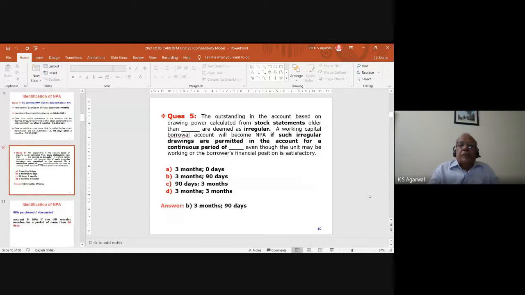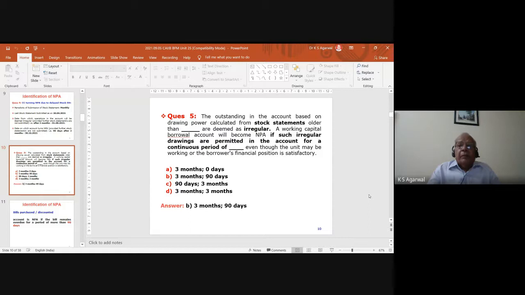The type of objective question which is usually asked is like this. The outstanding in the account based on drawing power calculated from stock statement older than blank are deemed as irregular.